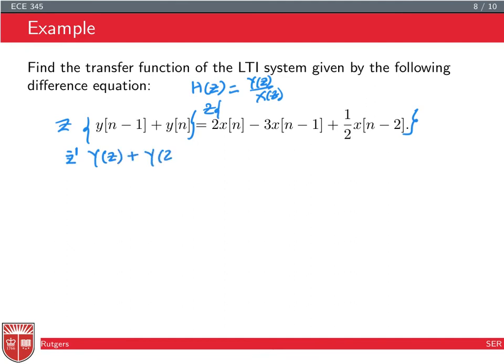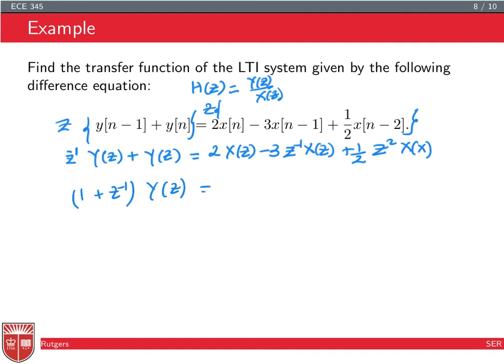Plus y of z, so here I used both linearity and the shift property, is equal to 2 x of z minus 3 z to the minus 1 x of z plus 1/2 z to the minus 2 x of z. And now I can write that (1 plus z to the minus 1) y of z is equal to (2 minus 3 z to the minus 1 plus 1/2, here should be minus 2, plus 1/2 z to the power minus 2) x of z.